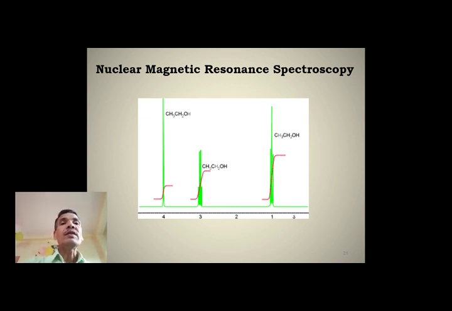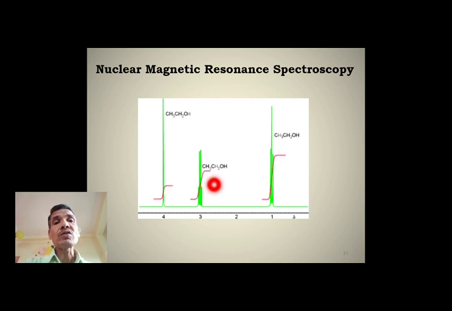Now the chemical environment of these 6 protons is different. The signal at 1 delta is for the hydrogen atoms present on the methyl group, which is attached to CH2. Therefore, the chemical environment of these 3 hydrogen atoms is different from these 2 hydrogen atoms present on CH2.